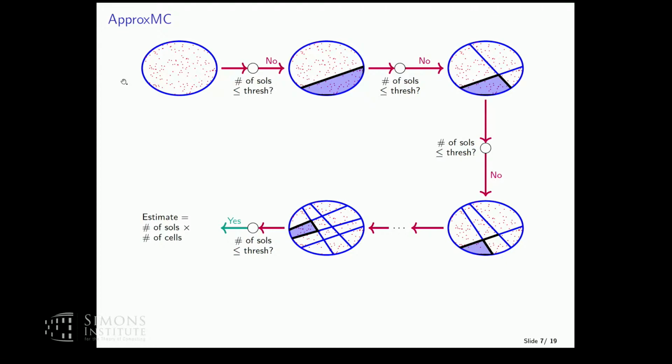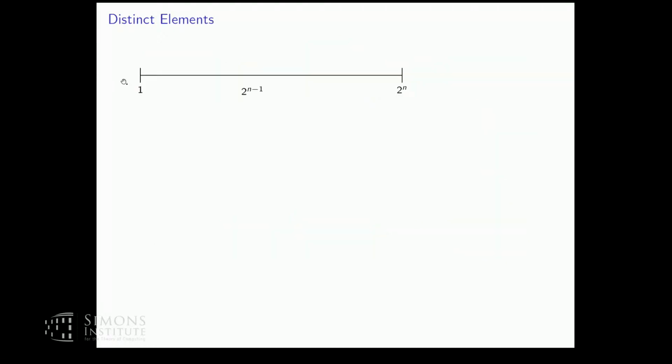Okay. All right. So now let me tell you one of the state-of-the-art algorithms for distinct elements. The idea for distinct elements is to think about throwing balls, which is how you can always think about hash functions. This is balls and bins. So you are throwing balls on this line.